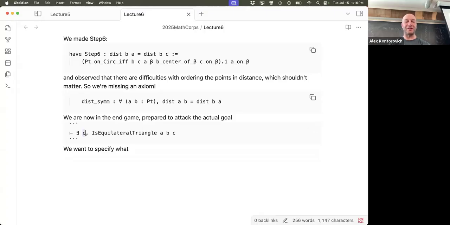This C could be John. There exists whatever, there exists Bob, so that is equilateral triangle AB Bob, right? It's a dummy variable, so don't be attached to its name. We want to specify what point to use to make progress.